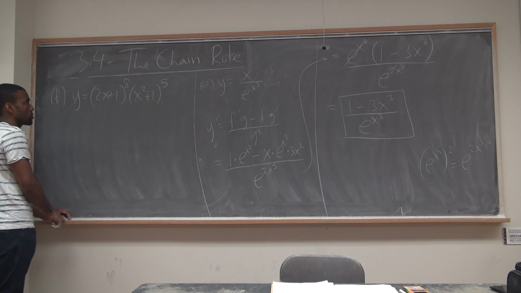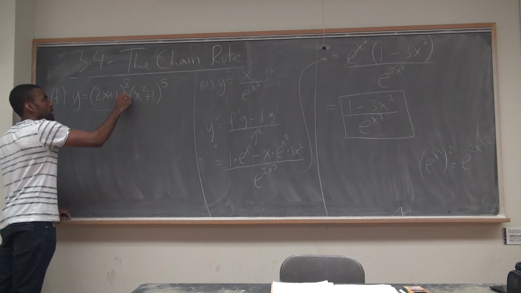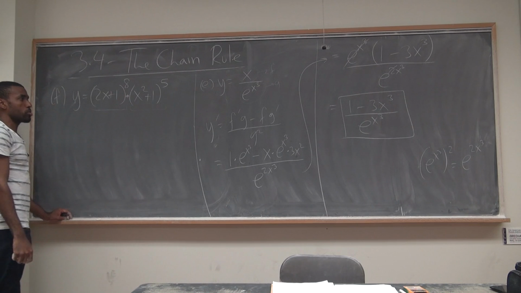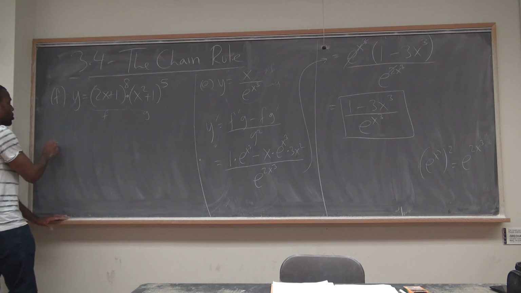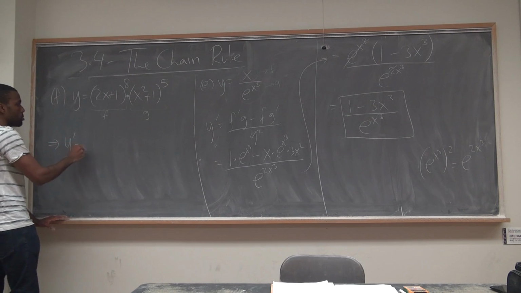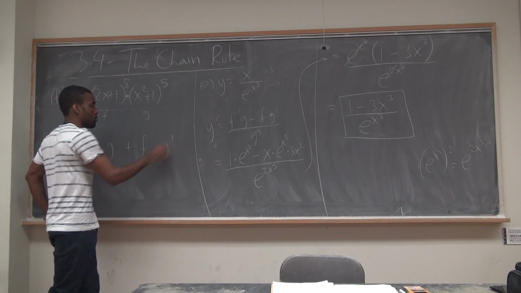It's the product rule. There are two functions here being multiplied together. So I know I need to use the product rule. So I call this f and call this g, and I know that means my y prime must be f prime times g plus f times g prime. Okay.